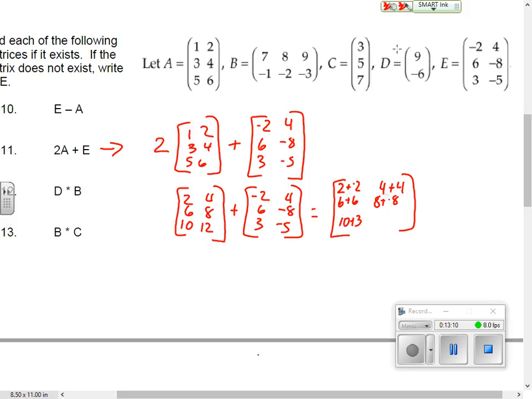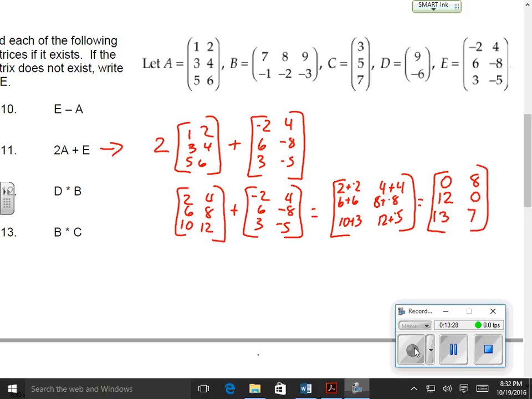And the 3, 2s together: 12 plus negative 5, which becomes 0, 8, 12, 0, 13, and 7. Still, we'll check that on our calculator and confirm that's correct.